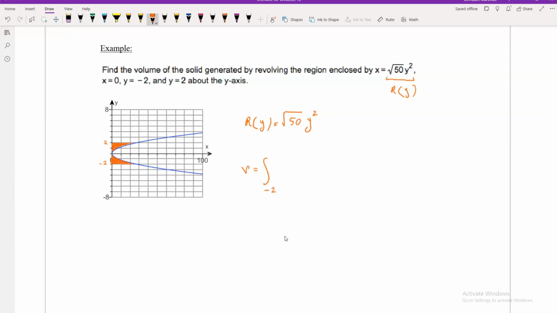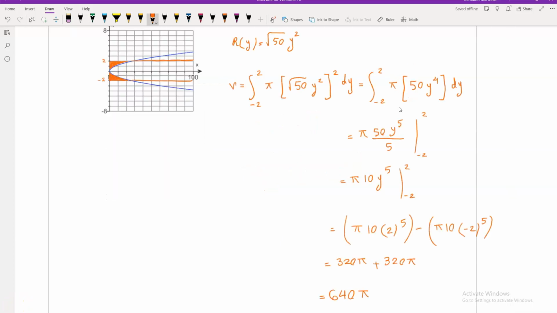So volume is the integral from -2 to +2 of pi ry squared times dy, and that is equal to the integral of pi times 50 y to the 4th power, because here I used this power.